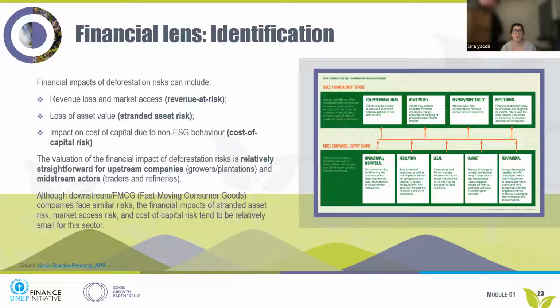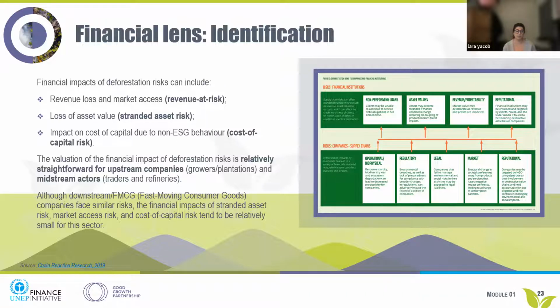But these impacts can include revenue loss or a loss of market access, loss of asset value. We talk a lot about stranded assets, the increased cost of capital. This is more straightforward for upstream companies, but less so for, I would say, the mid or downstream clients of banks.